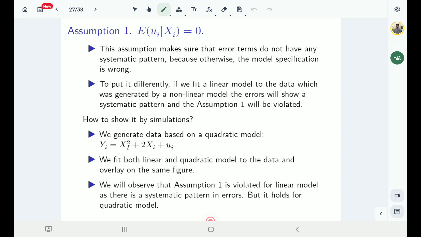There should not be patterns in errors. If a person makes the same error over and over, if there is a pattern in his errors, that means that he's stupid, right? The same goes for the model. If the model makes errors that can be predicted, that follow some kind of systematic pattern, that means that the model is not correct. So this first assumption is really important.